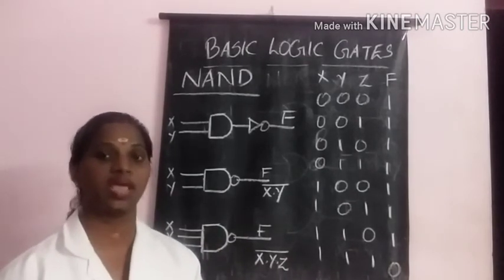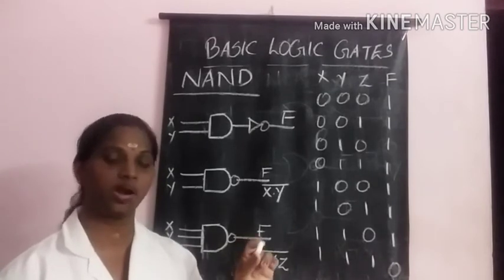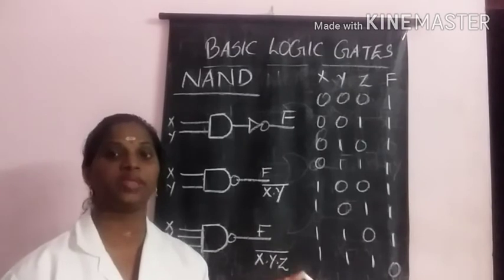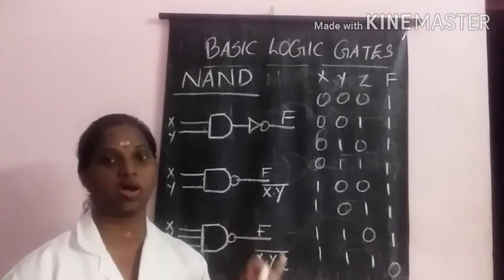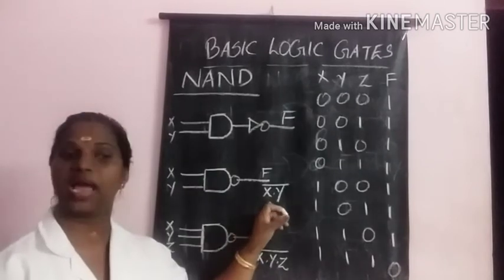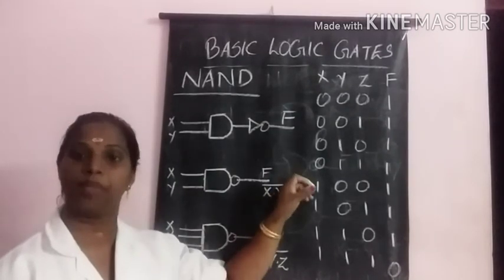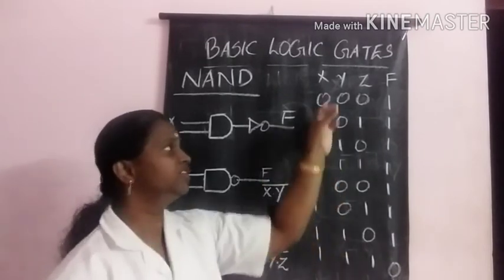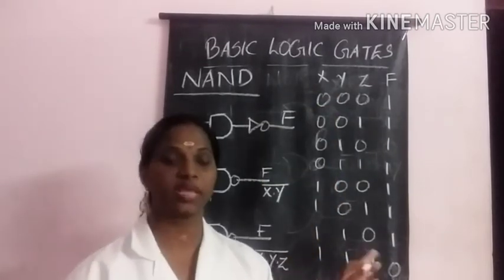We already said the AND gate gives dot, that is logical multiplication. If x and y are the inputs, the AND gate gives x dot y. But for the NAND gate with x and y as inputs, the output is x dot y bar, the complement of AND. So this is the truth table for the NAND gate.